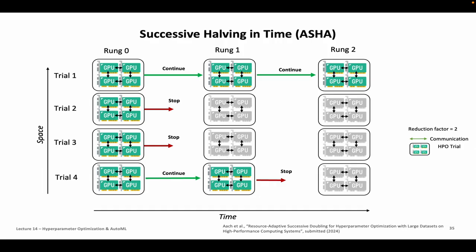When you're just doing a successive halving in time, like in the first approach on the left here, the problem is that when doing HPO on a large data set, sooner or later you will actually run into idling GPUs, because the trials that are stopped don't continue running, and then at some point in time there will not be any more trials you can allocate to these idling GPUs.